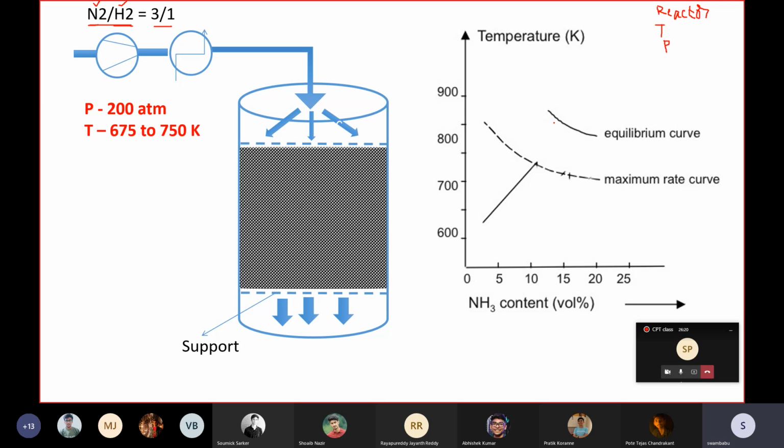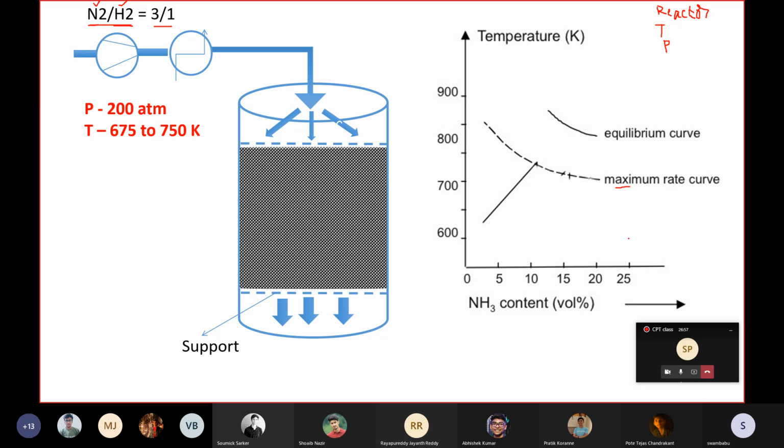Lower residence time means lower reactor volume, which means smaller reactor size. That benefits the maintenance, operating, and construction cost of the reactor. So we operate at maximum rate rather than equilibrium. Of course, if both are close, then it is fine; we can operate at either. But when there is a significant difference, we prefer to operate at maximum rate.